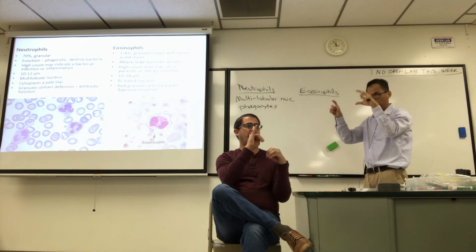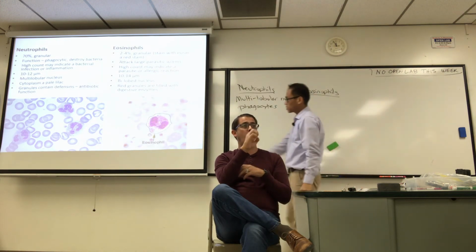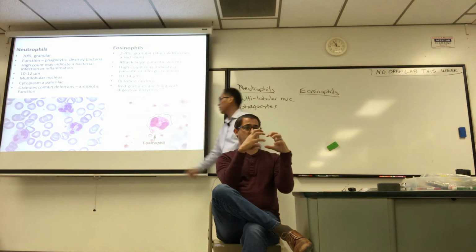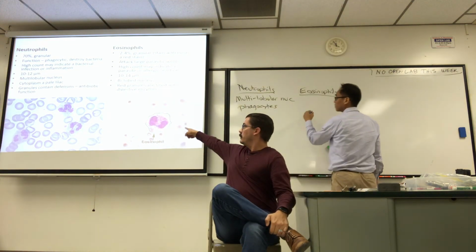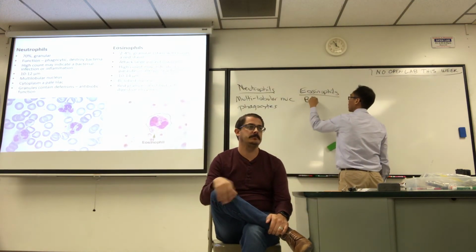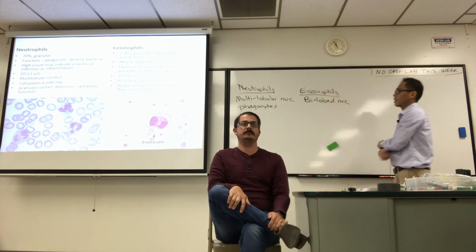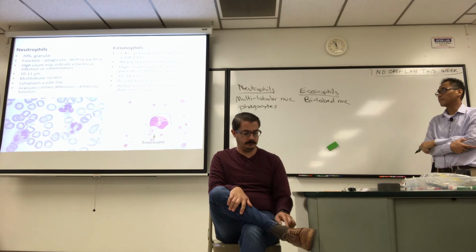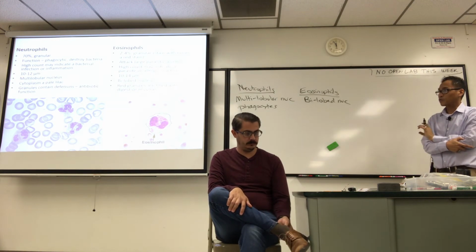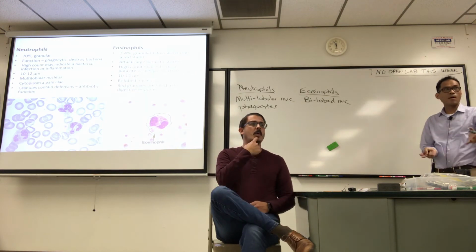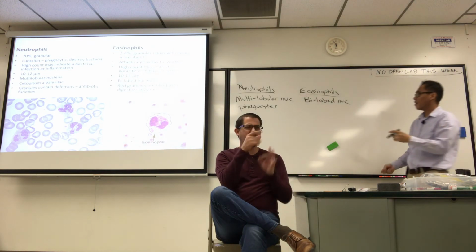Exactly 2 lobes connected in the middle ever so slightly. The red granules are very apparent when you see this under the scope.